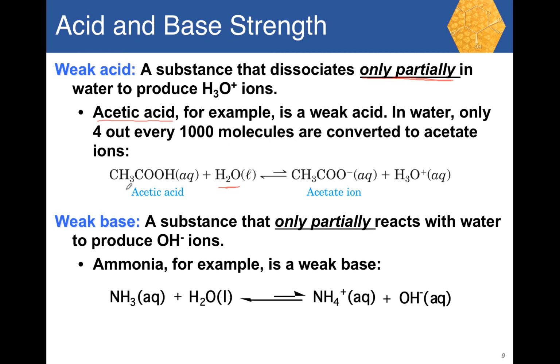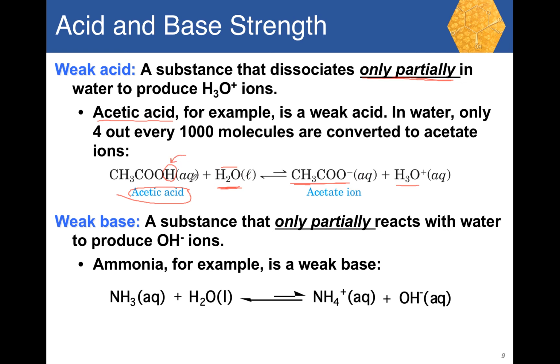So what that means is, if you take acetic acid, which is right here, and dissolve it in water, and if you look around that beaker, what you will see is the acetate anion, or the anion that results after the removal of the proton, because it's an acid, and you will see the hydronium ion, which means that this water took this proton.